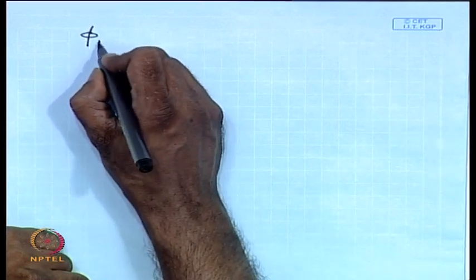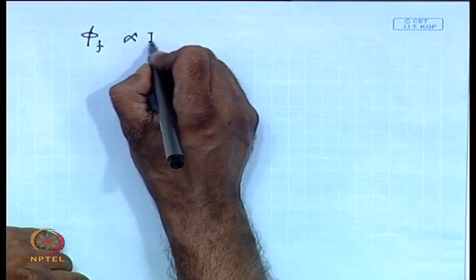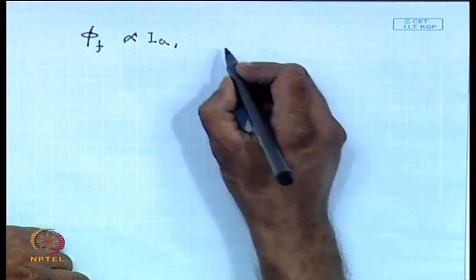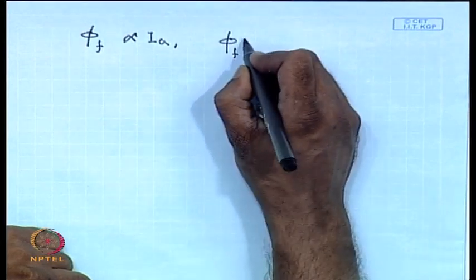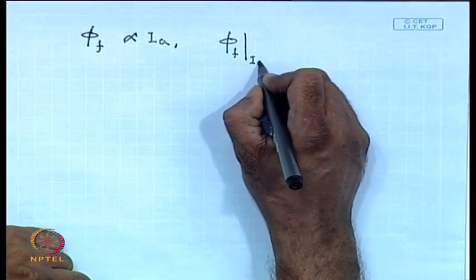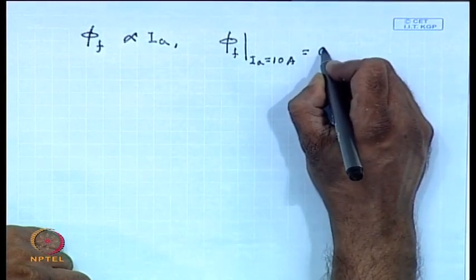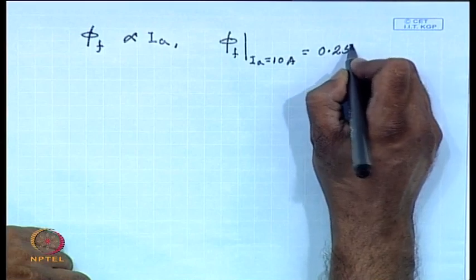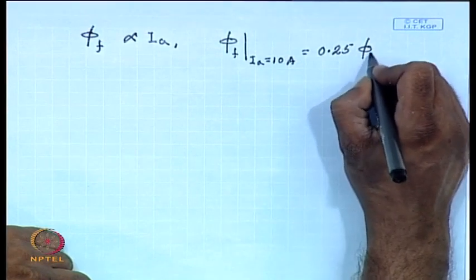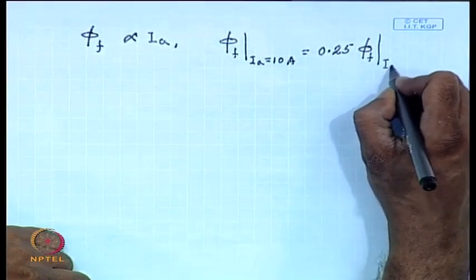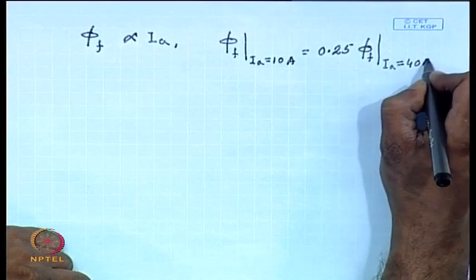Since phi f is proportional to I A, we know phi f at I A equal to 10 ampere equal to 0.25 times phi f at I A equal to 40 amperes.